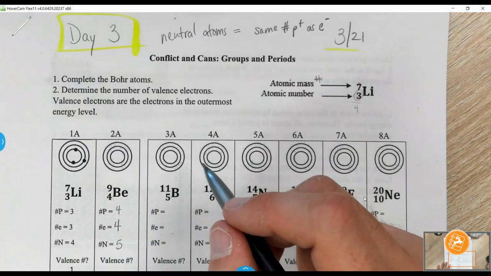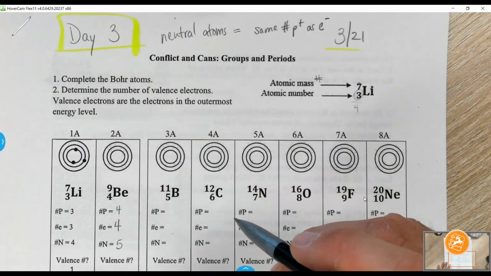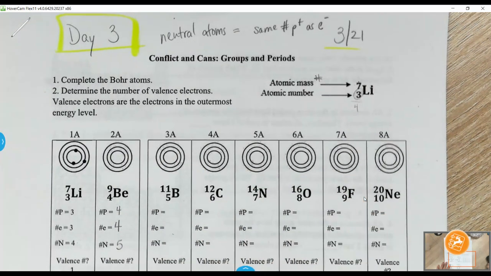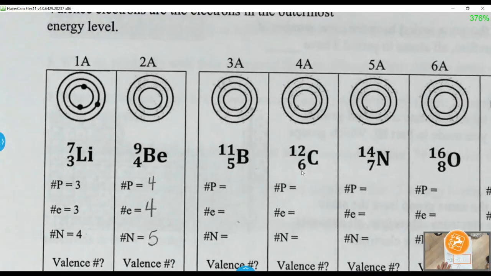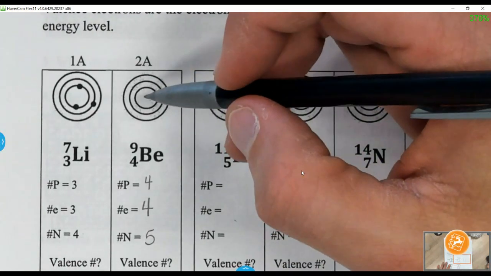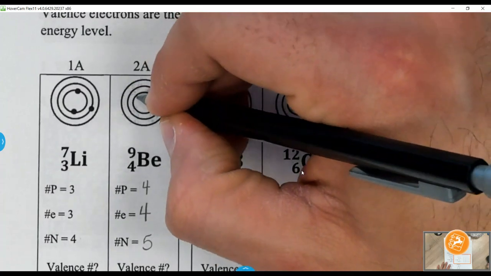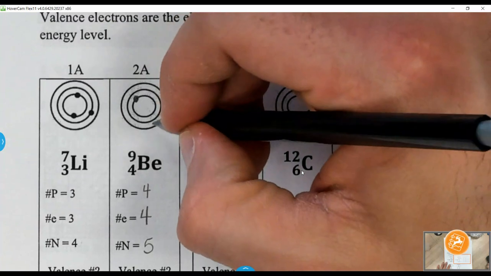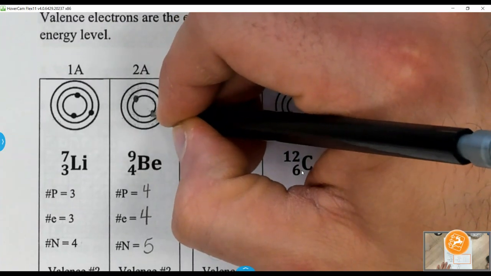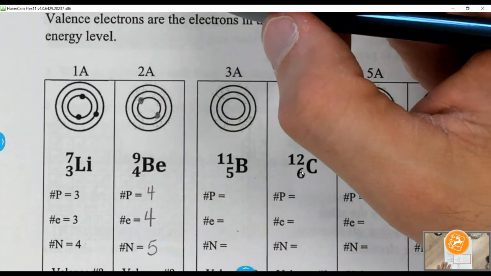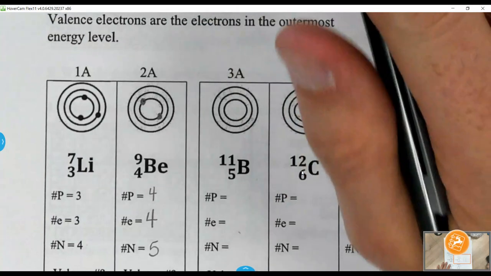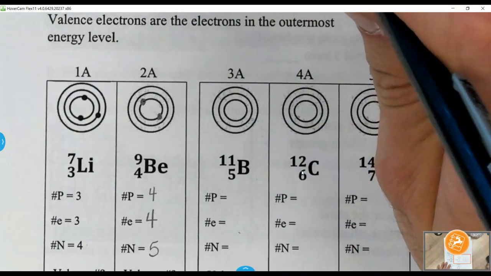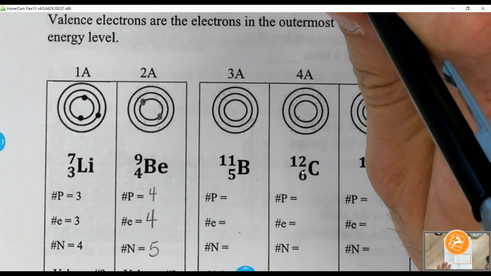Okay, so now we've got to draw in the electrons. How many electrons go in the very first ring? 2. Just put them on opposite sides of it. And then, how many electrons do we have left that we didn't use yet? 2, right?